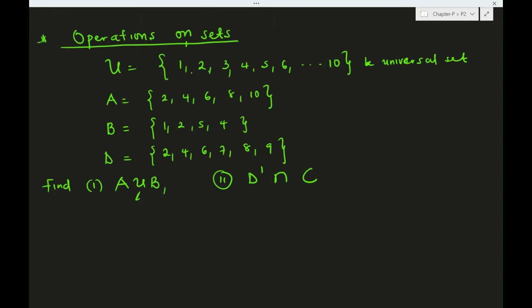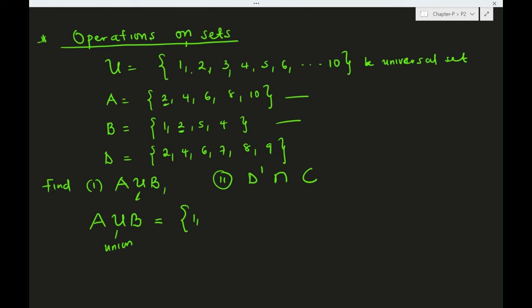One of those operations is union. So we have A union B. How do we find the union? To find the union, you just need to take every element that is in A and every element that is in B. So this is our A and this is our B. You can see we have 1, so we take 1.